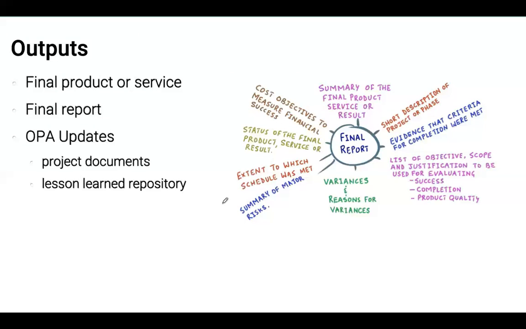I guess in an ideal case scenario it would be nice if it contained all these: the variances, the evidence for satisfying the requirements, the list, the scope, the cost reports, the schedule reports, and so on. It doesn't have to be long, but it should touch upon all those areas.